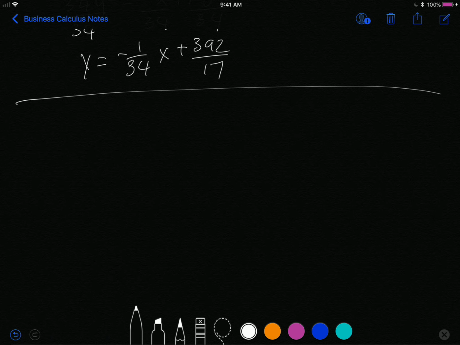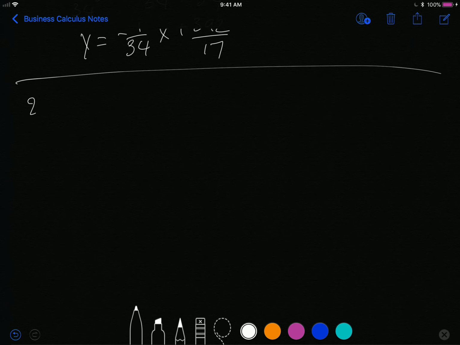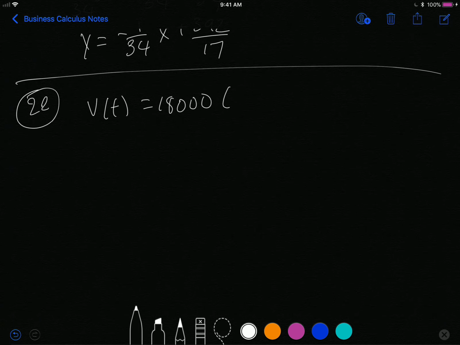For question number 22, they give you the value of a car, V, is equal to 18,000 times 0.9 to the t. So you purchase the car for 18,000, and it loses 10% every year. Find the value after 4 years.